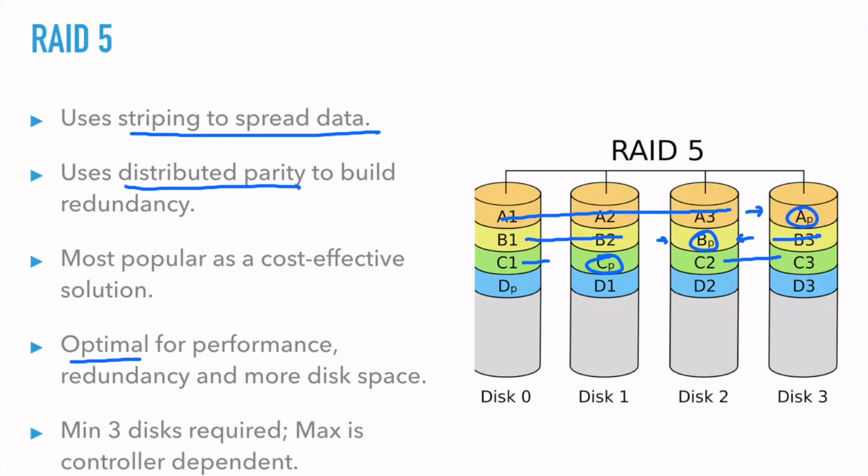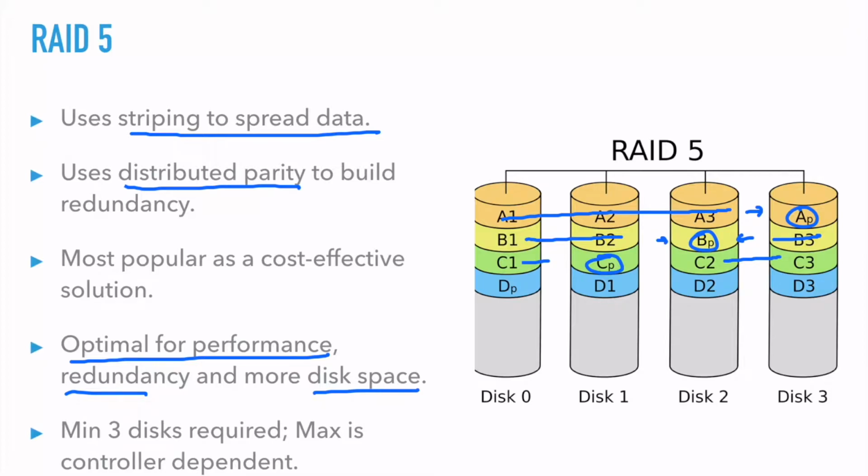It is optimal for performance, redundancy, and disk space. So, in this case, you have achieved all the three important benefits of having a RAID structure. There used to be a debate about a decade back on RAID 5 versus RAID 10 or RAID 0 plus 1, and administrators would prefer deploying RAID 0 plus 1 or 1 plus 0 or RAID 10 over RAID 5.